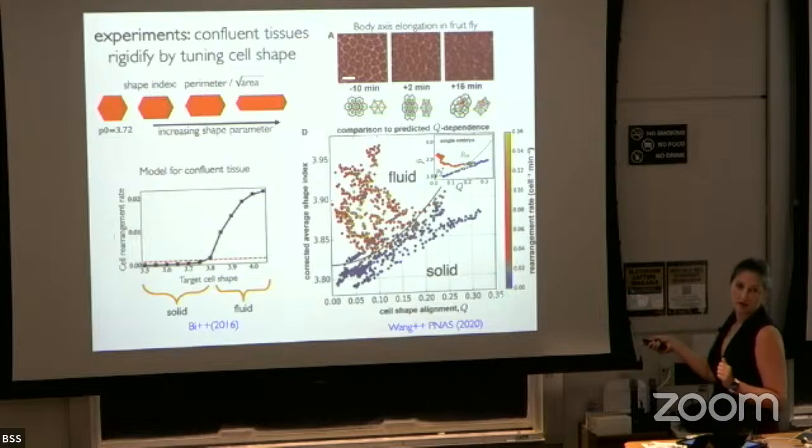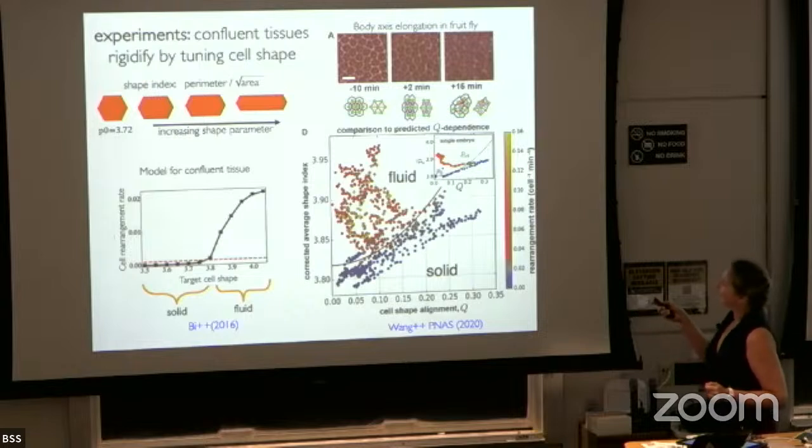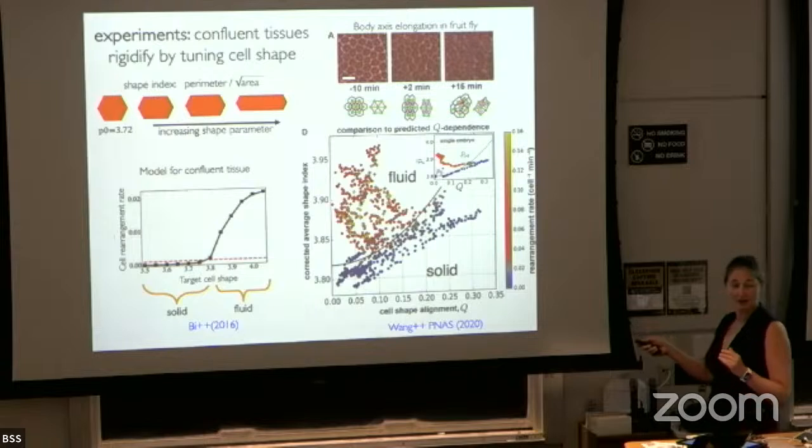There are basically no rearrangements. It starts out in the solid phase and goes way into the solid phase, and then it starts to go back in this phase space, and there's basically a critical point at which all of a sudden the rearrangements turn on. And in this particular embryo, it also happens to be at the point which intersects our a priori prediction of where it should happen.